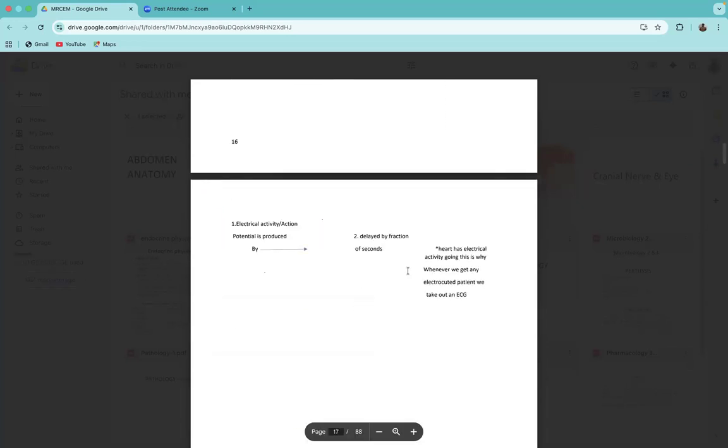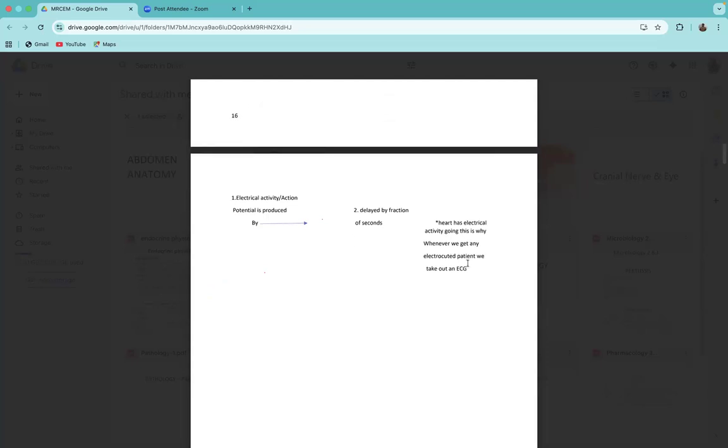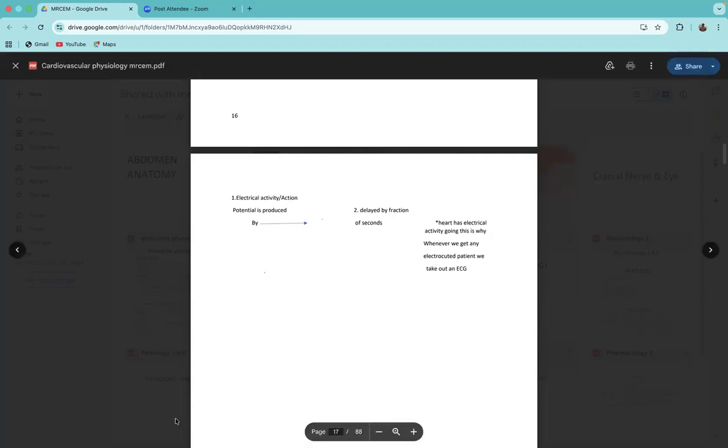Okay. Electrical activity or ion potential is produced, and the heart has electrical activity going this way. This is why whenever a patient gets electrocuted, we should obviously do an ECG, since electrocution alters the heart's function and the heart's electrical gradient, and alters the electrical stimulus that occurs through the action membrane potential.